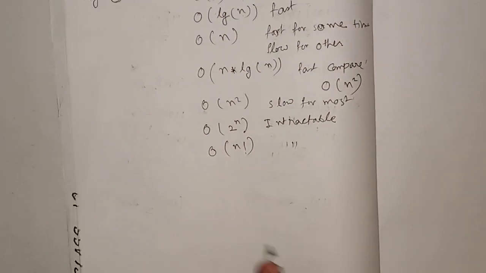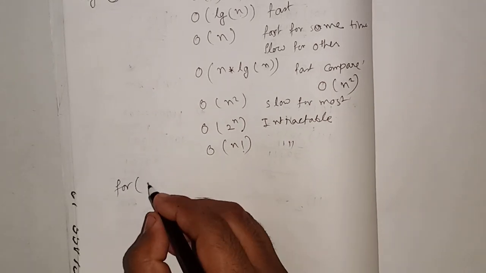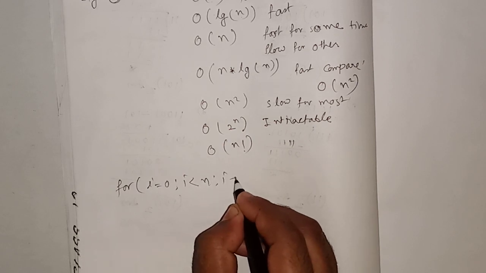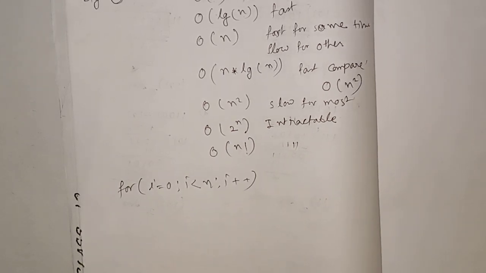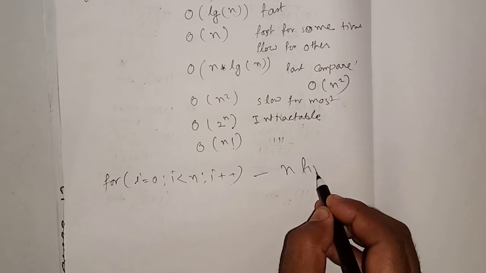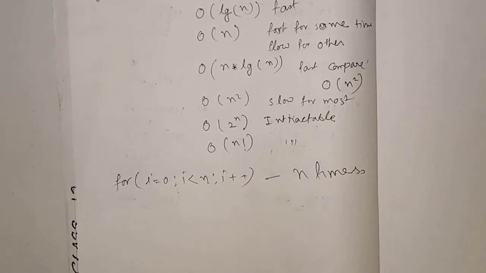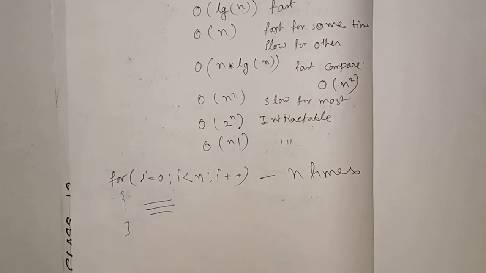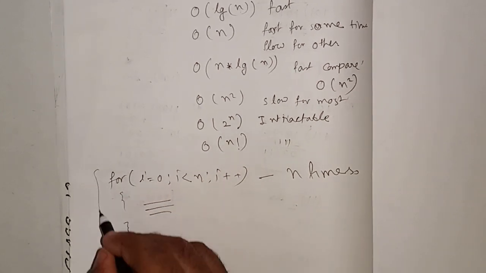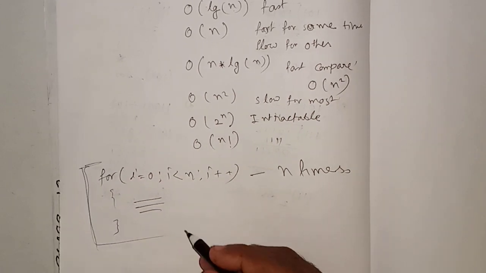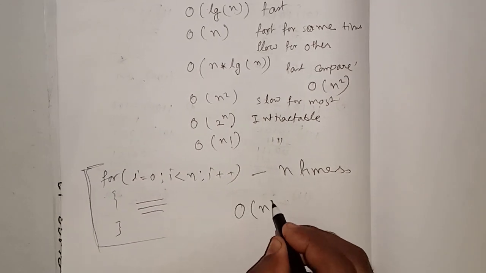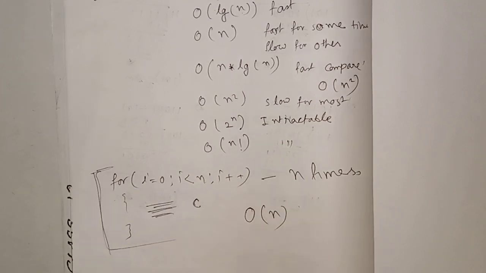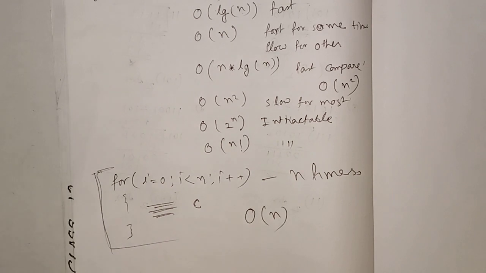Suppose we are writing a program: for loop i equal to 0, i less than n, i plus plus. In this case, this loop is iterating n times. So whatever statement is present inside this for loop, the time complexity of this program is O(n), because the entire statement we consider as a constant value.